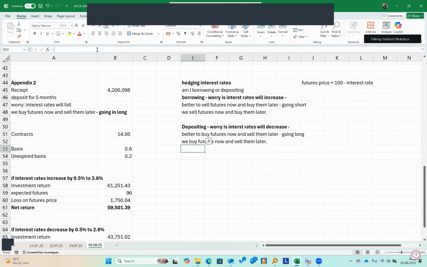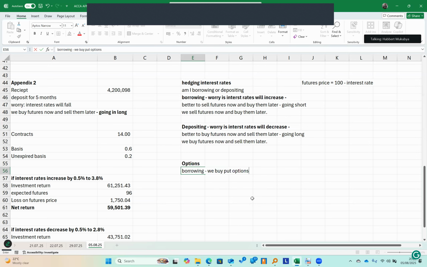Now, this is the logic you need to understand. Once you understand this logic, it becomes easier for the options. So for the options, when we are borrowing, since we sell now, we buy put options, because the put option is the option to sell.